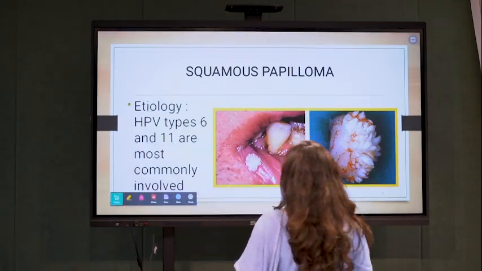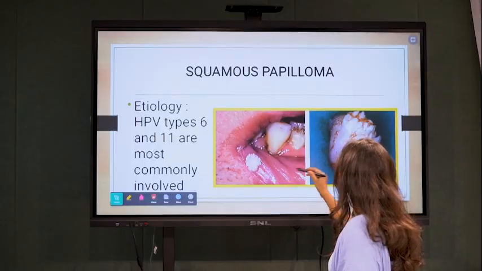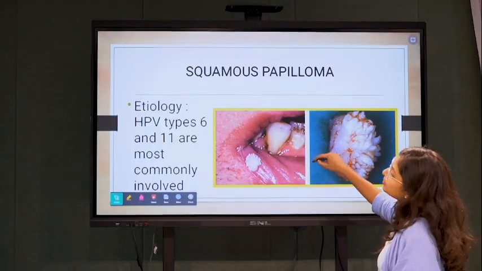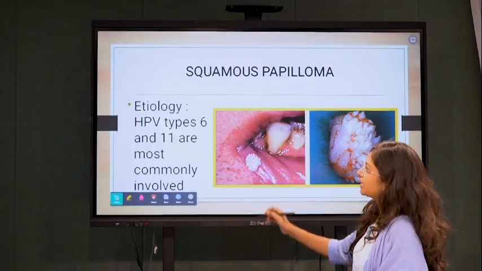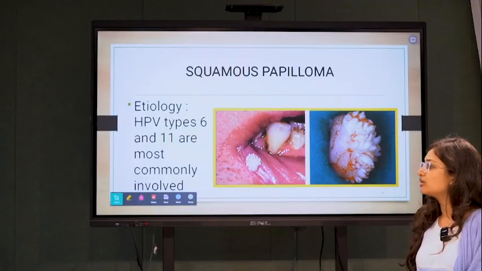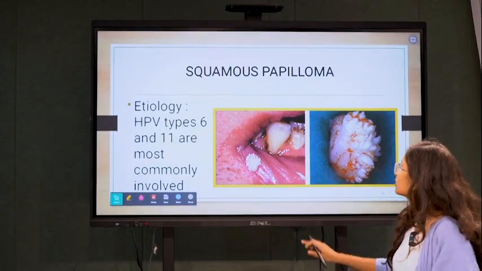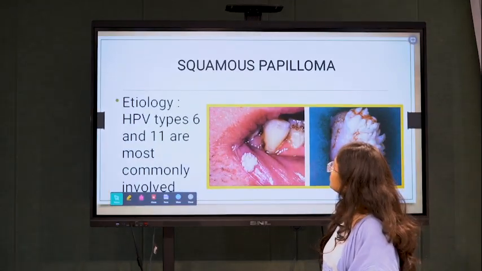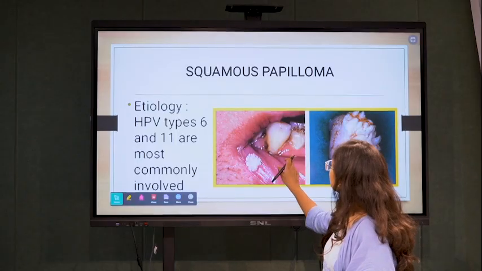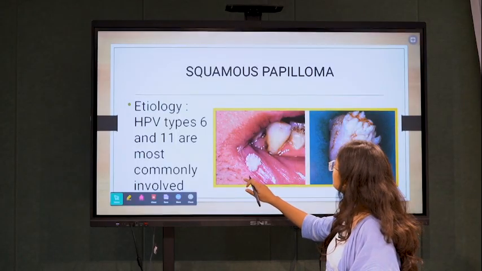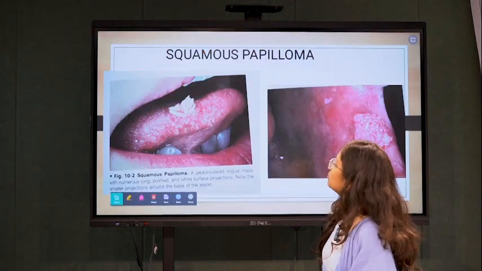So these are the clinical images, as you can see. The main etiology is HPV; types 6 and 11 are most commonly involved.